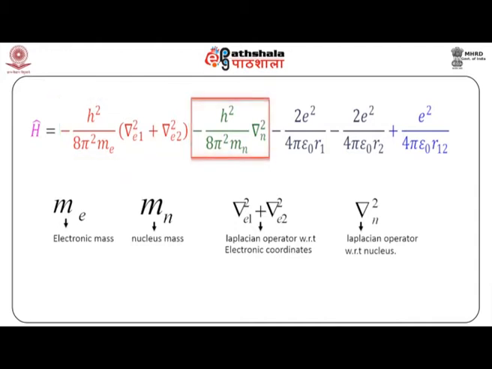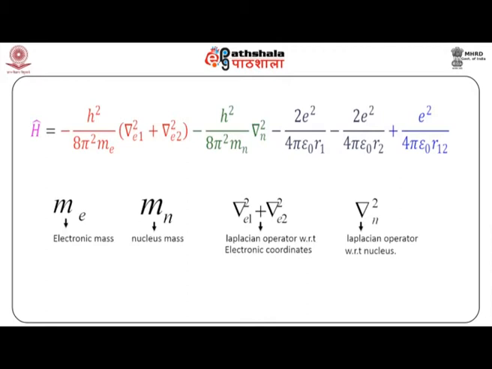The second term is the kinetic energy expression for the nucleus. The third term gives the potential energy for electron 1 and nucleus. The fourth term gives the potential energy for electron 2 and nucleus. And finally, the fifth term gives the potential energy of electron 1 and electron 2, that is interelectronic repulsion.